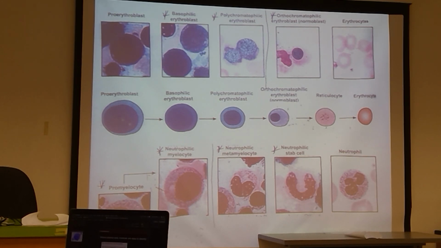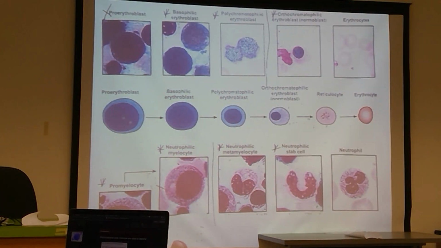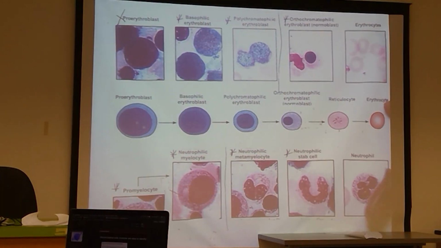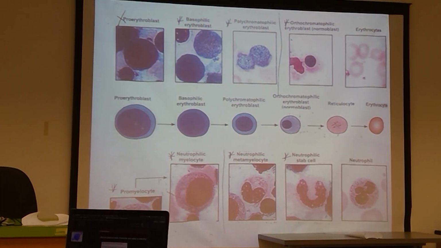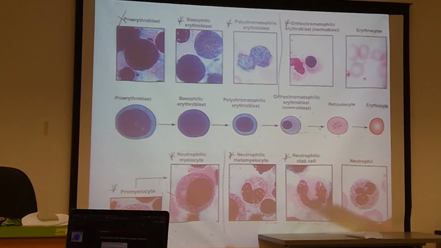Alright, so with this, I thought we could just really quick make some notes on here of some important things. So again, we're not going to look for the erythroblast. This is the red blood cell line on your chart. I gave you asterisks next to the ones that we will be able to identify on the bone marrow slide. So the asterisks mean we're looking for it on the bone marrow slide.